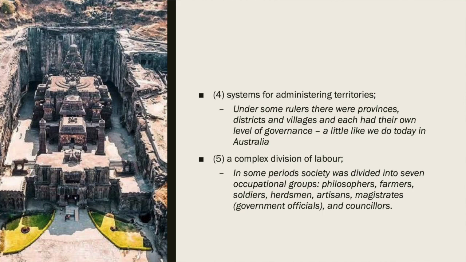But basically they had various forms of administration under different rulers, but one of them was provinces, districts and villages, and they had their own level of governance. That's a lot like we do in Australia today, because we've got federal, state and local government. So it's kind of interesting to see that ancient civilizations lead us to where we are today. And you can see here that they had philosophers, farmers, soldiers and things like that.